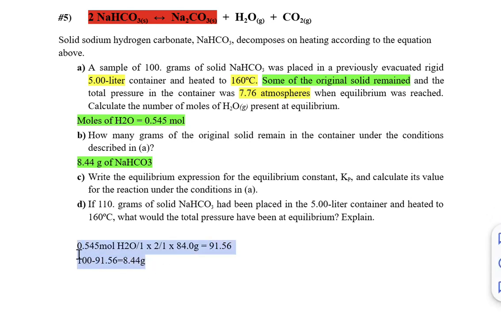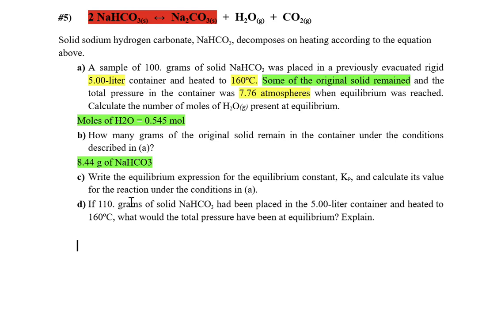So now we can get rid of this and move on to part C. So here, this is where we kind of leave off honors chem for this specific question, and we talk more about what we've learned so far in AP.